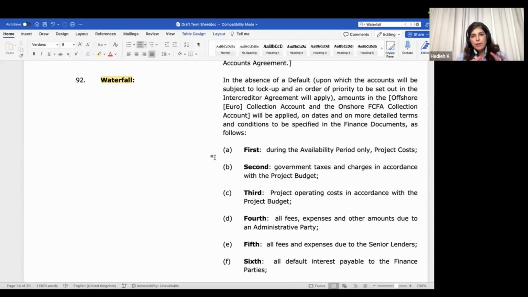During the development phase, before financial close, lenders require the project to establish these different accounts with a bank or with different banks, offshore and onshore. So lenders will really monitor these accounts and make sure that these priorities are respected when it comes to cash out from the project accounts.